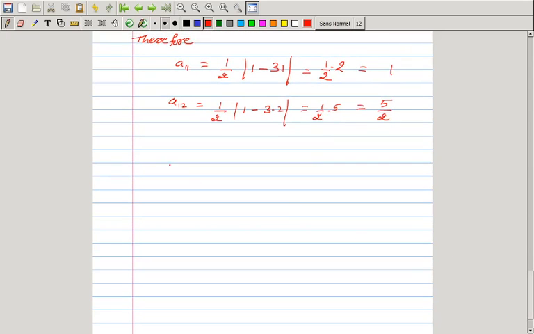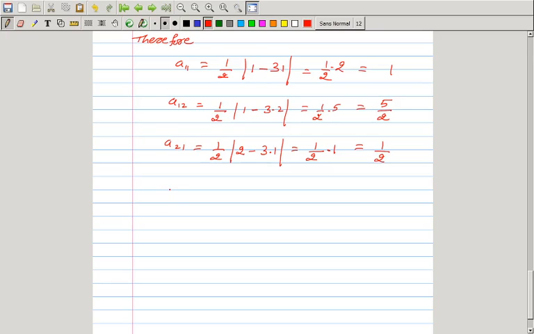Next our element A21. So half modulus of 2 minus 3 into 1. When I evaluate, 2 minus 3 is minus 1, the modulus of that is 1, so that is half.